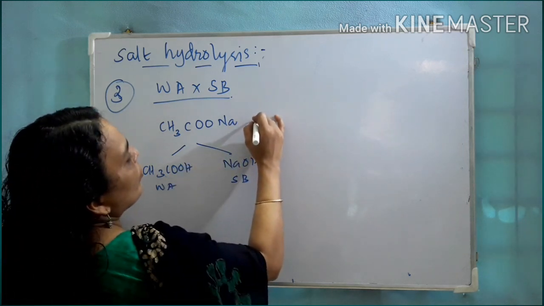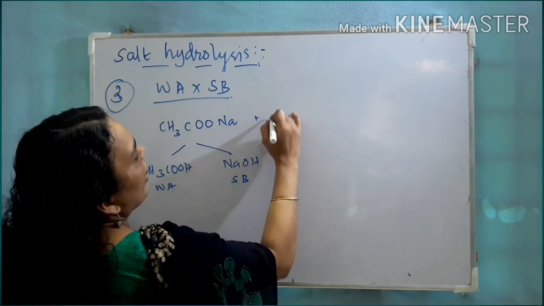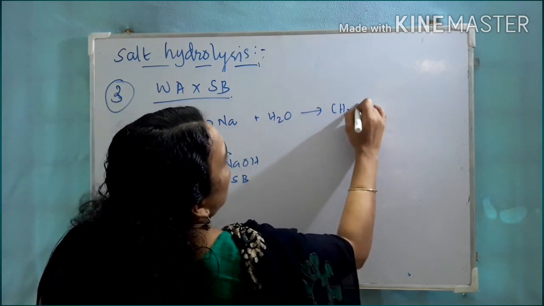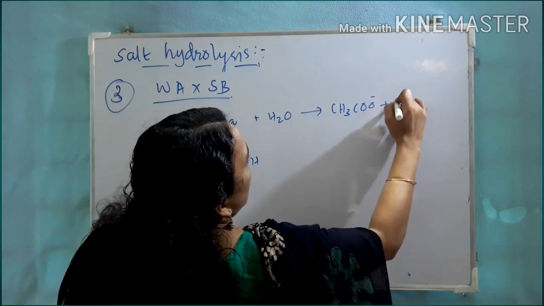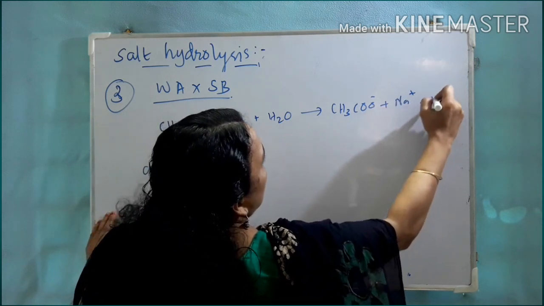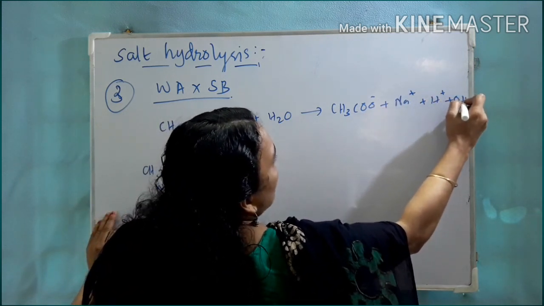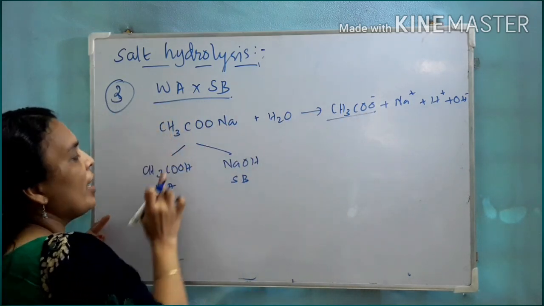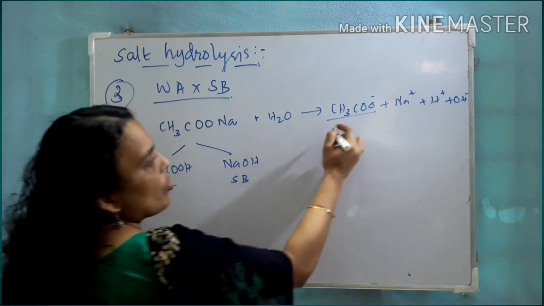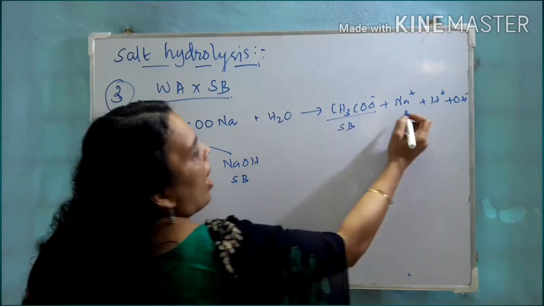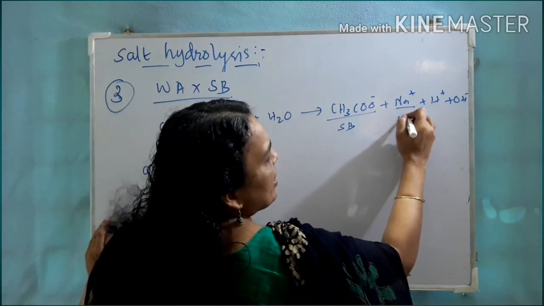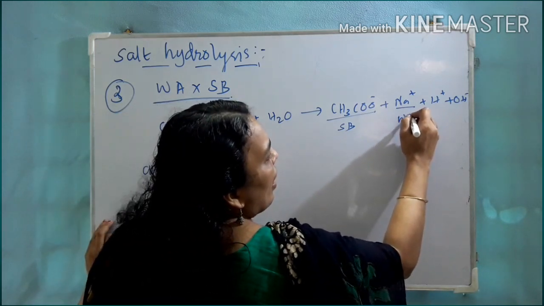It can undergo hydrolysis to form CH3COO minus plus Na plus, H plus, OH minus. Look here, this is the conjugate base of a weak acid, so it is a strong base. And this is the conjugate acid of a strong base, so it is a weak acid.